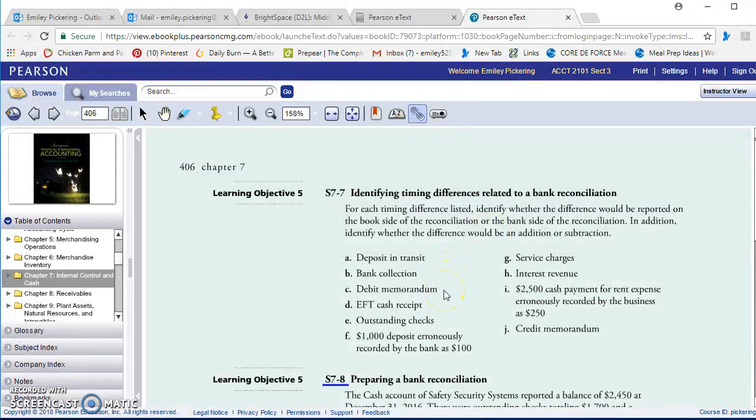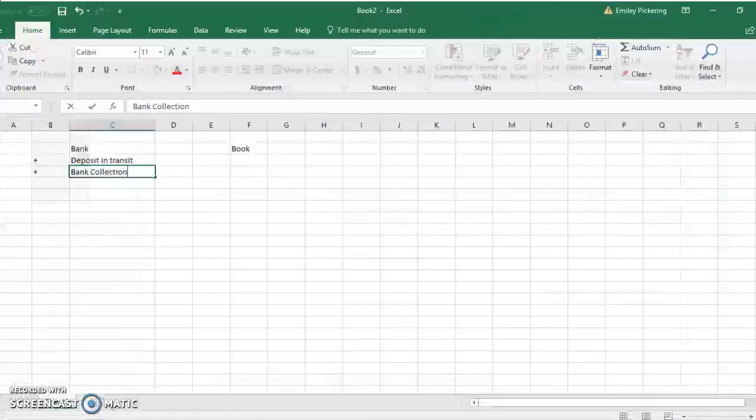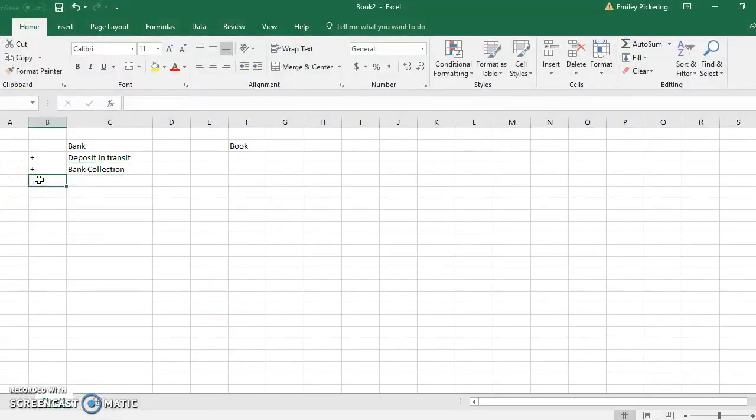A debit memorandum, well, let's put that aside for a minute because we're going to talk about that later, because that can be a little confusing. So an EFT cash receipt, very similar to a bank collection, electronic funds transfer. An EFT transfer.